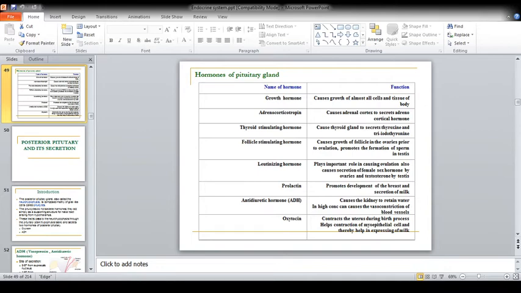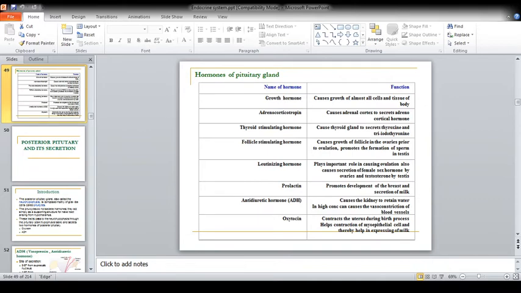One of the stimuli for causing intense ADH secretion is decreased blood volume. So whenever a patient is undergoing hemorrhage, that is bleeding, it may be internal or external after some sort of injury or some sort of pathology.